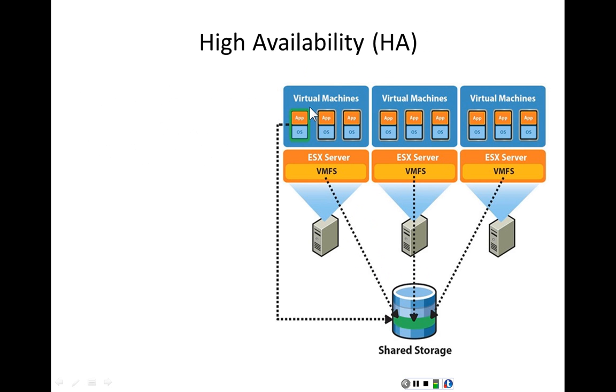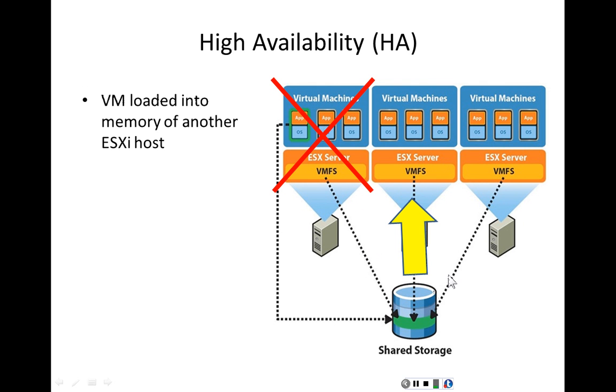Now let's turn to high availability. In this example, we have 3 ESXi hosts, and there are several virtual machines running on this ESXi host. If the ESXi host crashes, then the virtual machines that were running on the ESXi host on the left will be started on the ESXi host in the middle. How does it do that? Well, the same way it started the virtual machines on the left.